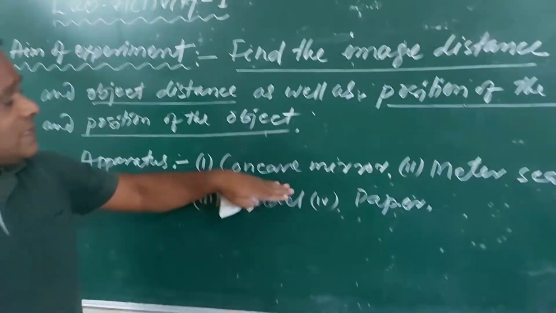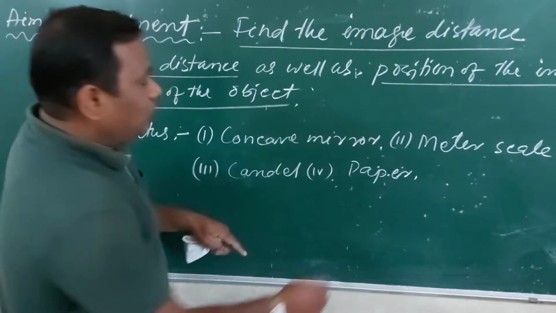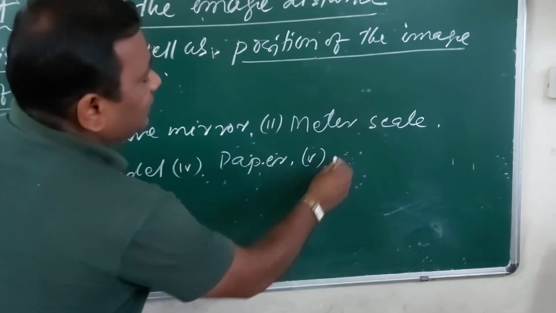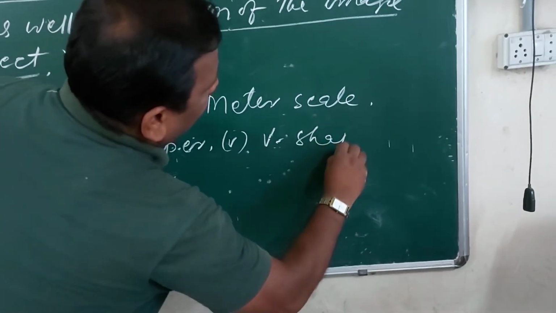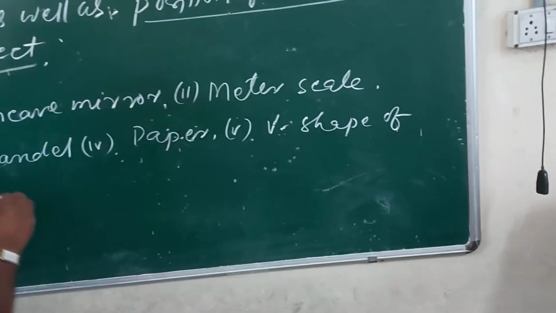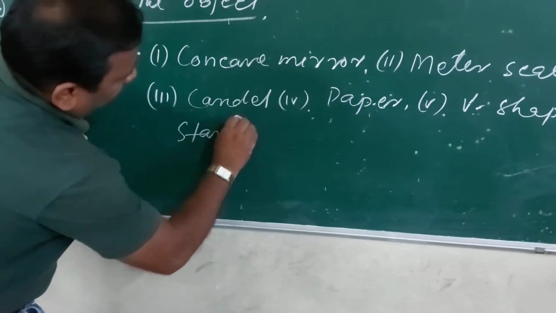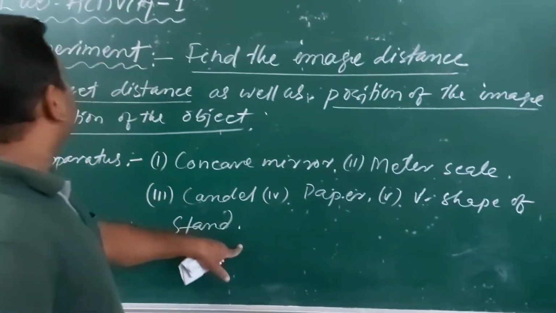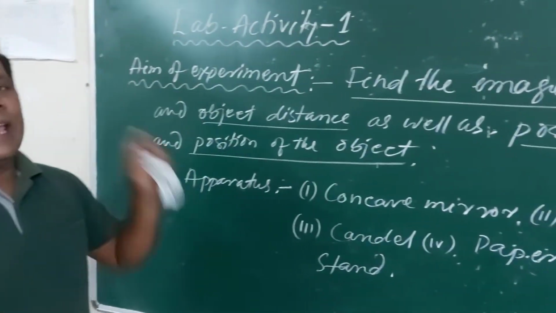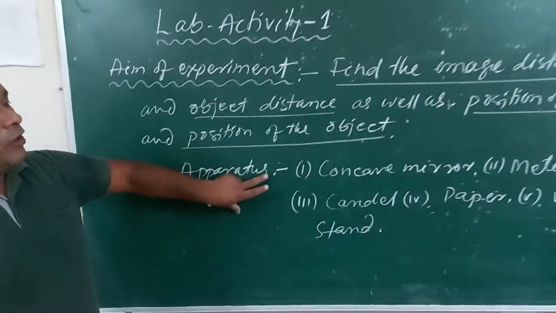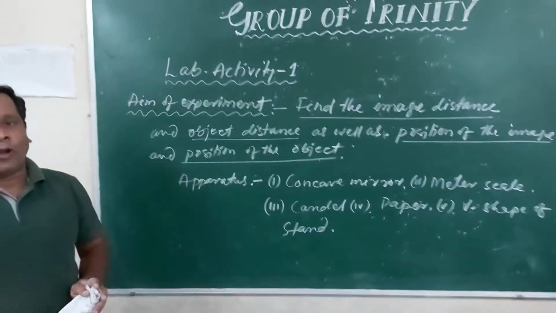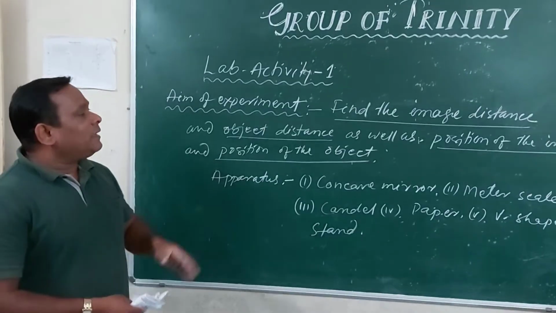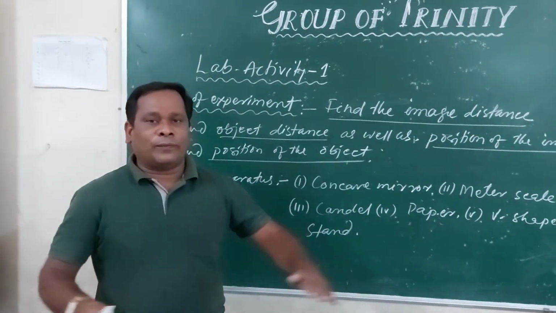You arrange these apparatus. Okay, another most important apparatus is the V shape stand. These 5 apparatus are very much necessary for conducting this experiment, and you have to arrange them properly in the laboratory, that means over the surface of the table.